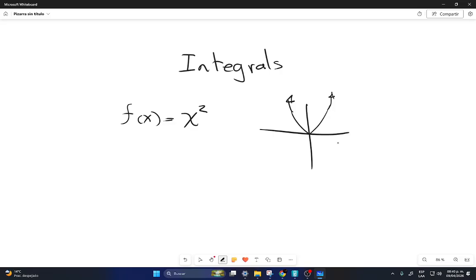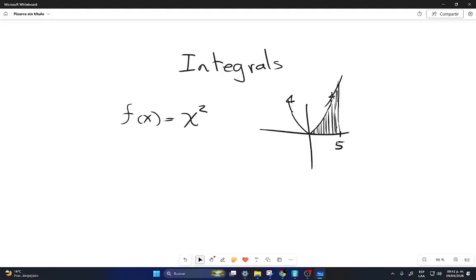What do I mean by that? So, for example, let's say that this is 5. Okay, so if I want to know the value of the area of this surface below the curve and between the horizontal axis, I would use integration in order to know that.